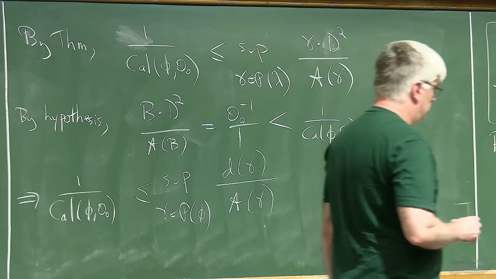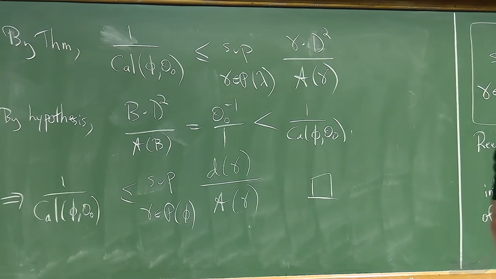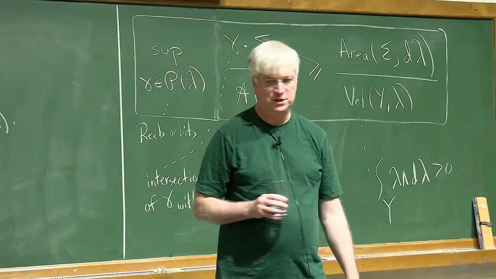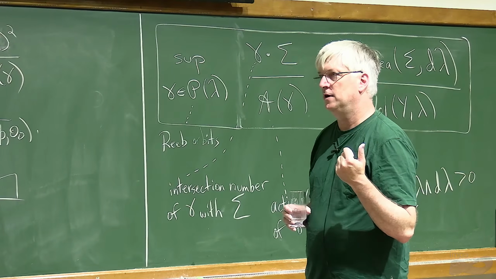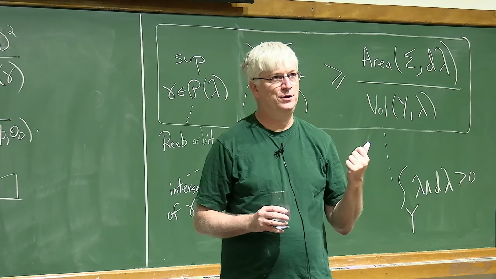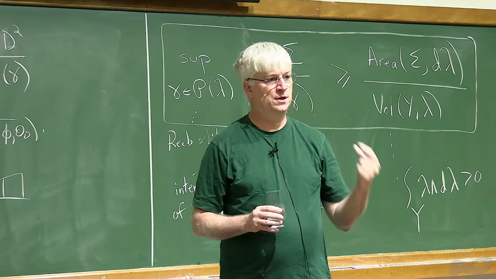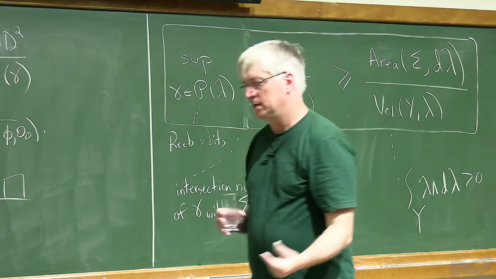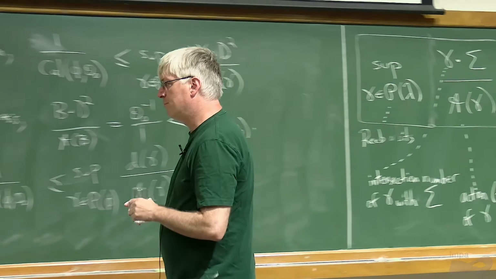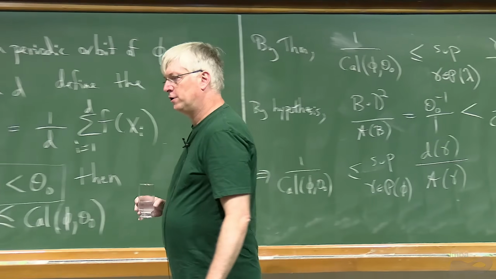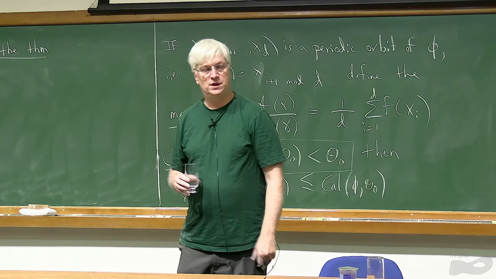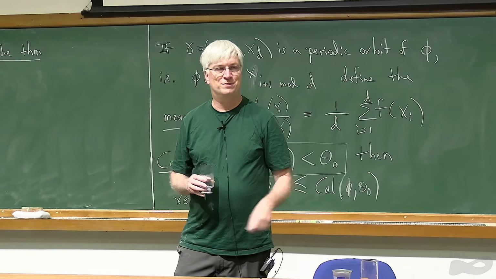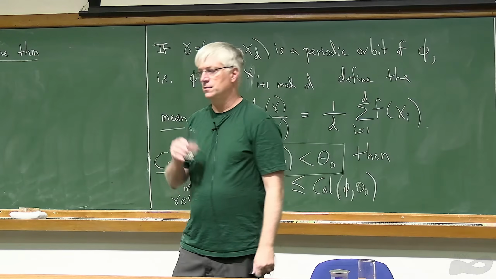So in general, I don't know how to get the reverse inequality for the Calabi invariant business. In the disk case, there is a paper proving that. I'm afraid I forgot exactly who the authors are, but it's cited in my paper. For more general surfaces, I don't know if that's true or not. It is true generically for similar equidistribution business.